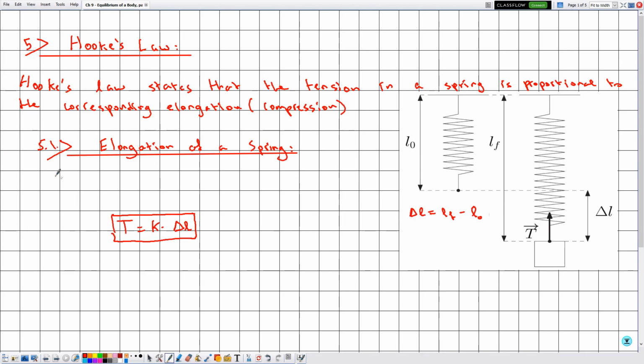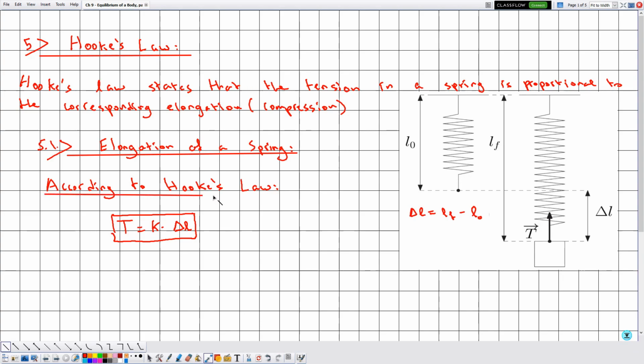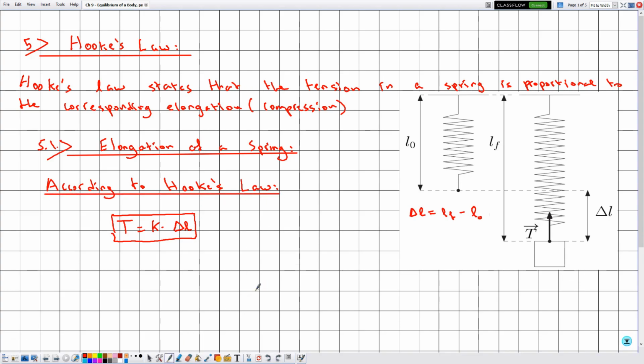So here let me write as a title, according to Hooke's law. And we know that for any formula in physics consisting of three variables, we can set up the corresponding triangle.